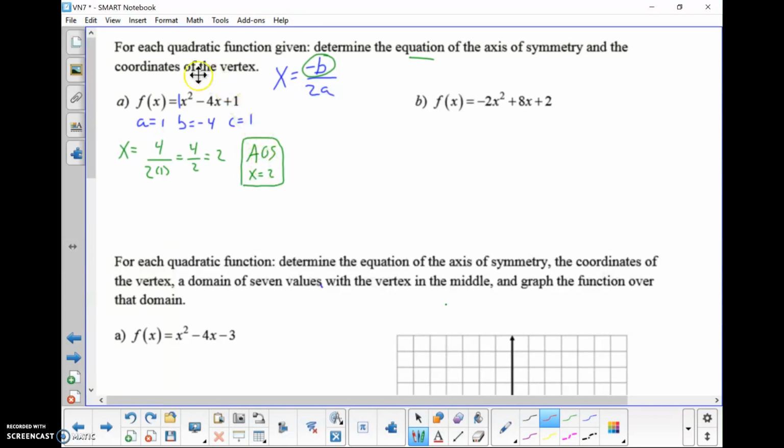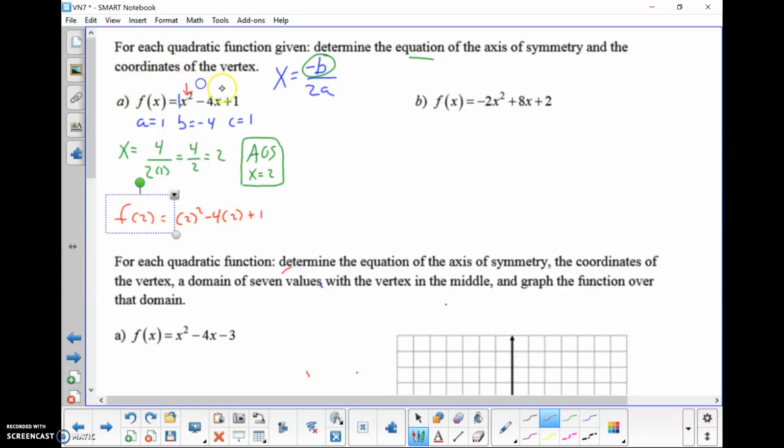Then to find the vertex, again, I can kind of cheat and just use my calculator, type this in, and then look in my table to see when x is 2, what is y? What goes with it? But if we want to do it algebraically, we want to now do f of 2. I want to know what happens when I plug in 2 for x. So instead of x squared, it's going to be 2 squared minus 4 times 2 plus 1.